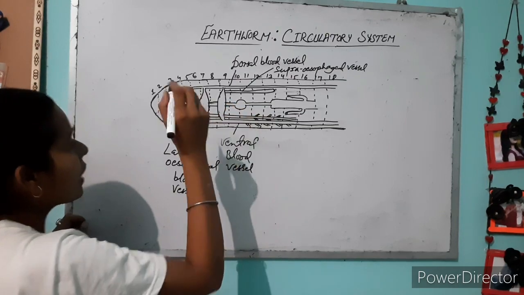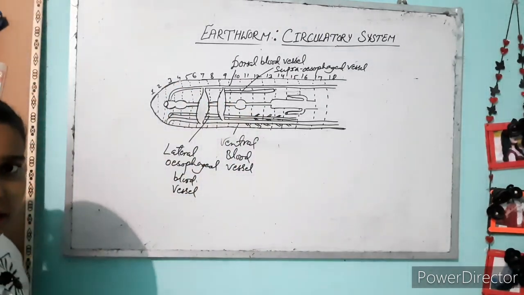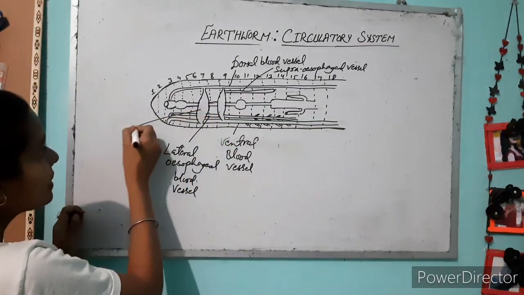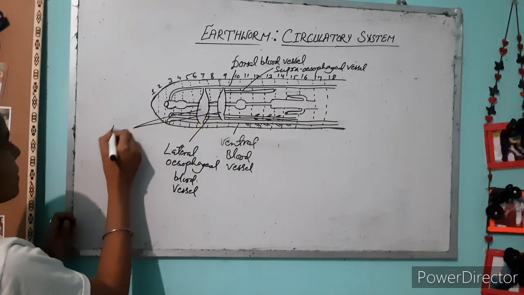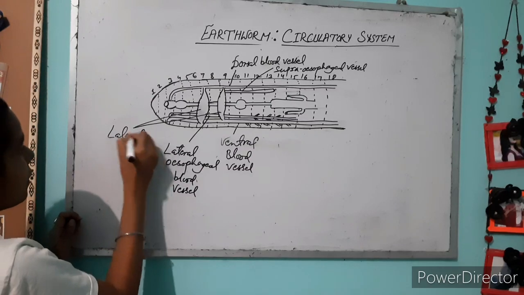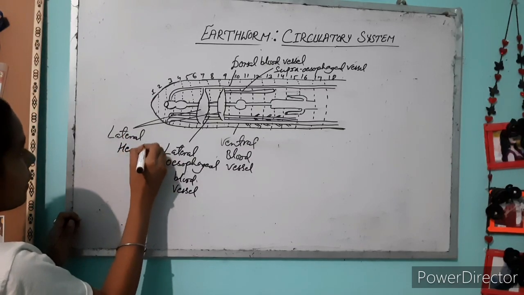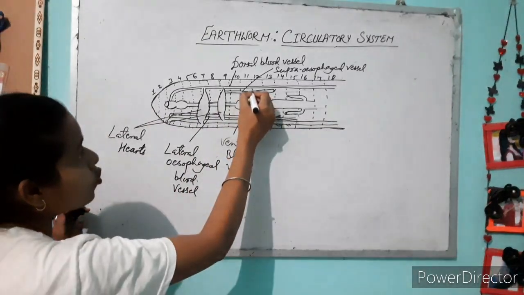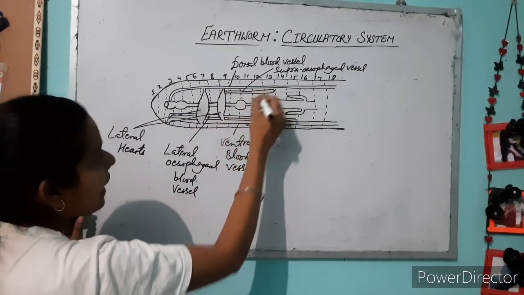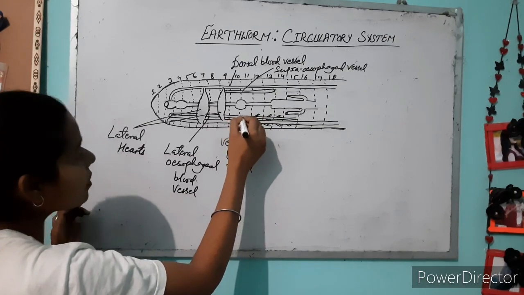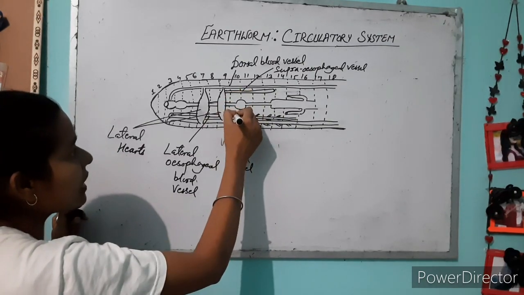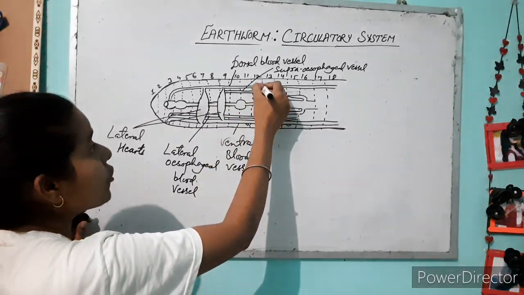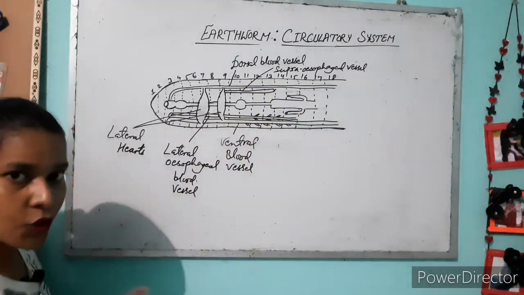Okay, these two broad tubes are known as lateral hearts. The supraesophageal tube and the lateral esophageal tube are also attached with each other, with the dorsal tube and ventral tube also.